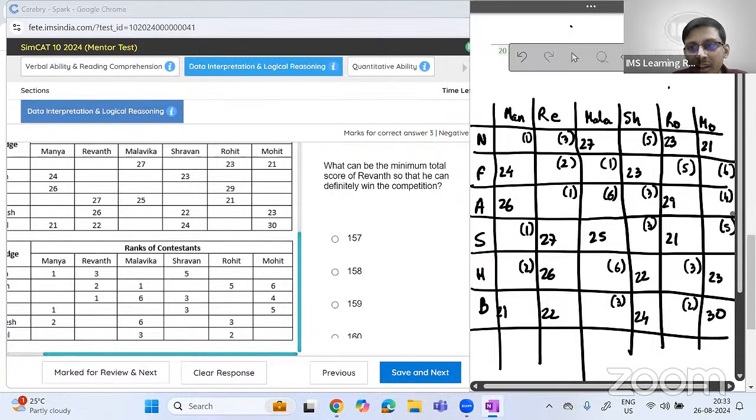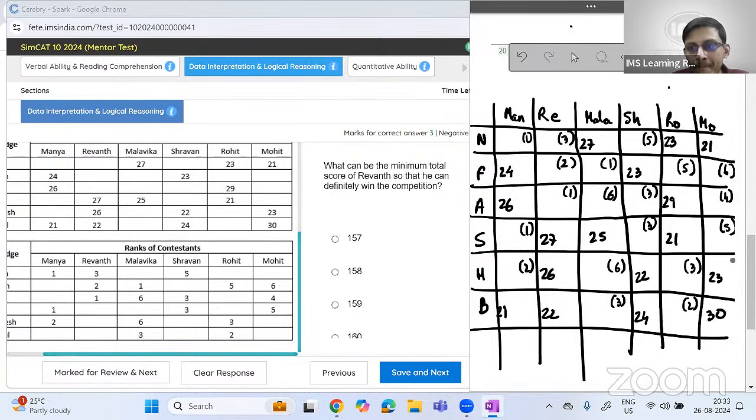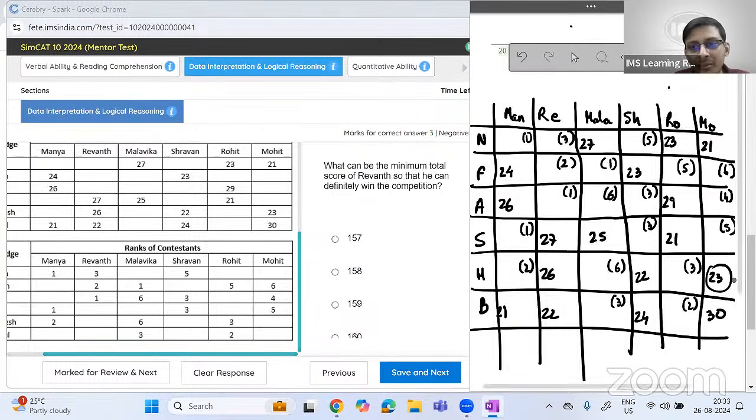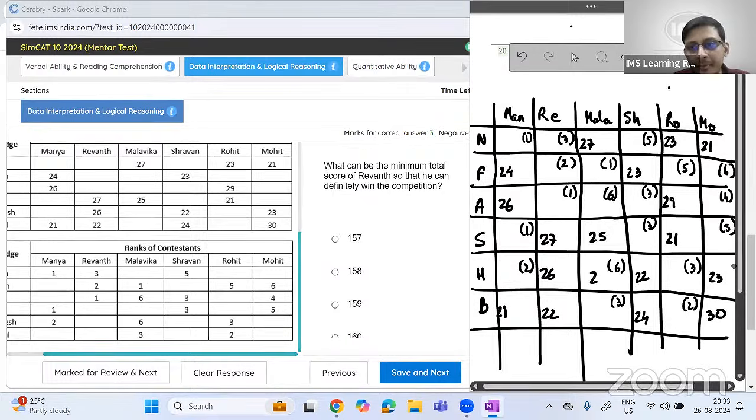Okay, so what should we start with now? Okay, this still makes sense. Rank 6 is the least one here. We already have 22, 23. They are not rank 6. So rank 6 has to be lesser than them. Only possibility is 21. Yes. Okay, now what else? Rank 6 is 21.